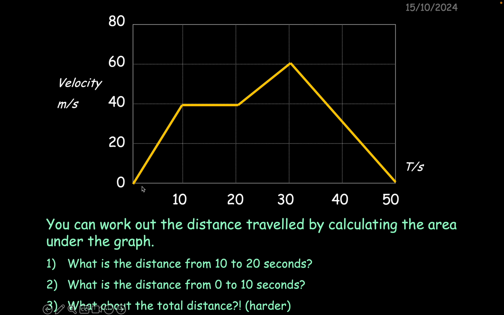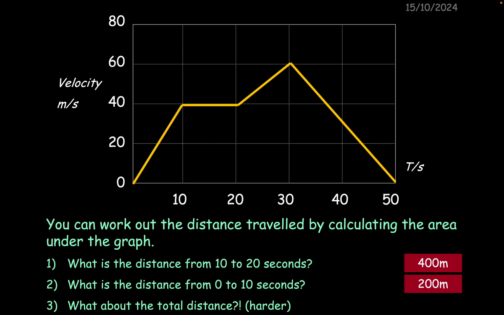So base times height divided by 2 is a better way of saying it. So it's 10 times 40, divided by 2, because you've only got half a rectangle. So if you can divide it up into triangles and rectangles, you should be able to answer all these questions. So the distance from 10 to 20 seconds is 400, which I've already told you. From 0 to 10 must be half of that, 200.